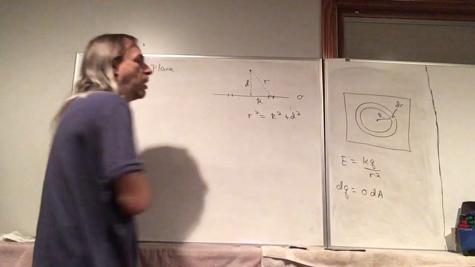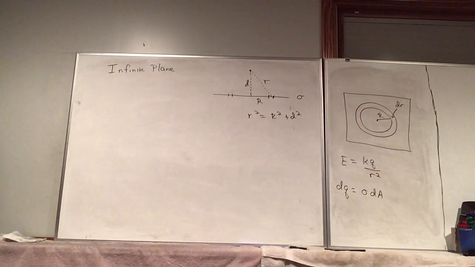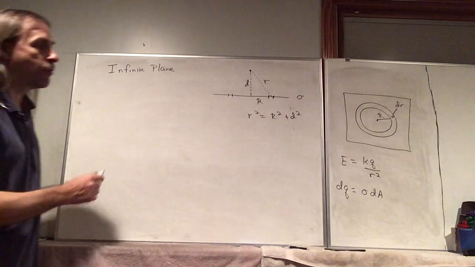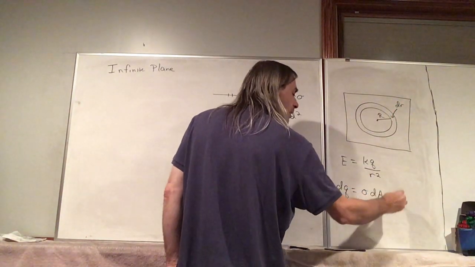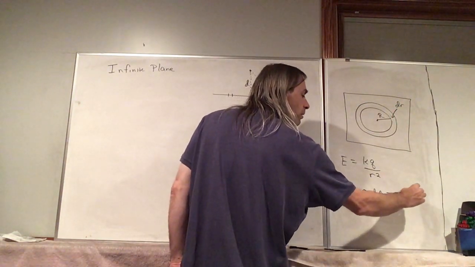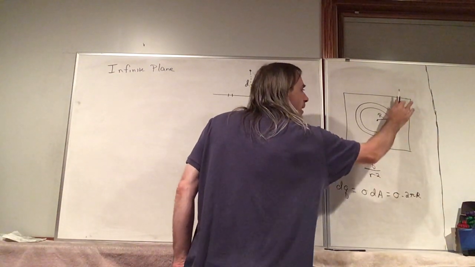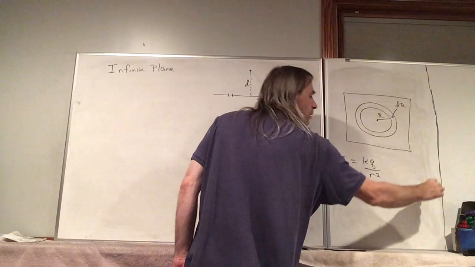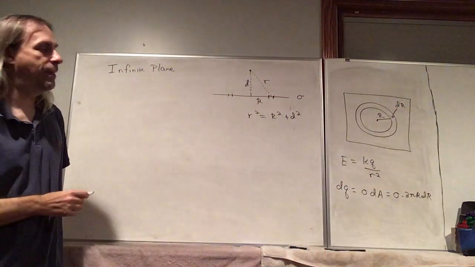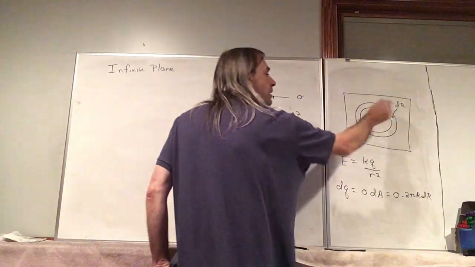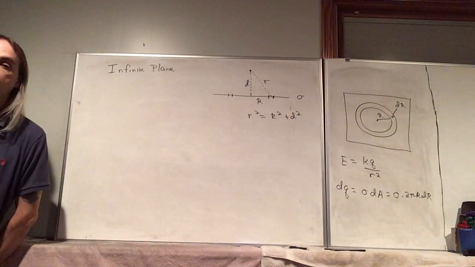Sigma is the charge density, how many coulombs per square meter. And the area of this ring is going to be 2 pi R, I'm going to make this a capital R as well, dR. Basically the circumference is 2 pi R, and the thickness is dR.